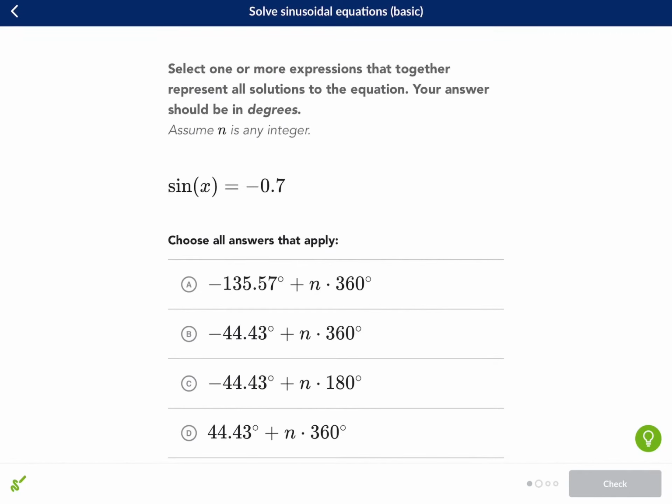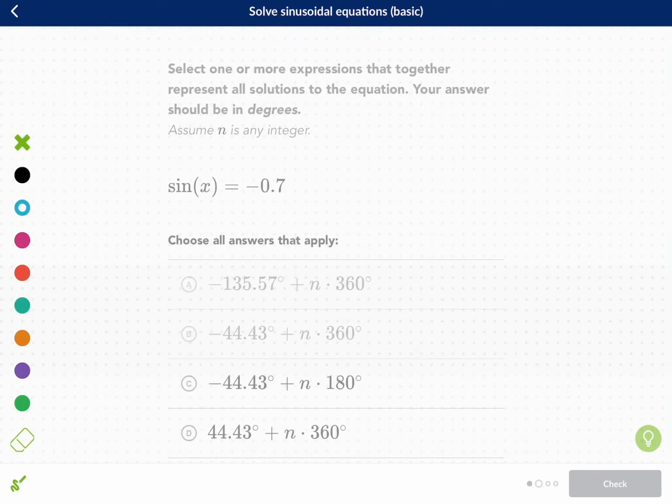Okay, let's try another. This one you're going to see expressions. So this one we're going to do that same work, but we're not actually going to calculate it. We're just going to say, well, let's imagine it going around and around and around. Same idea here. We're being asked to solve for x. So that means x equals the inverse sine of negative 0.7. Let's start by finding the principal solution. I'm going to put this into my calculator, making sure that I am in degree mode.